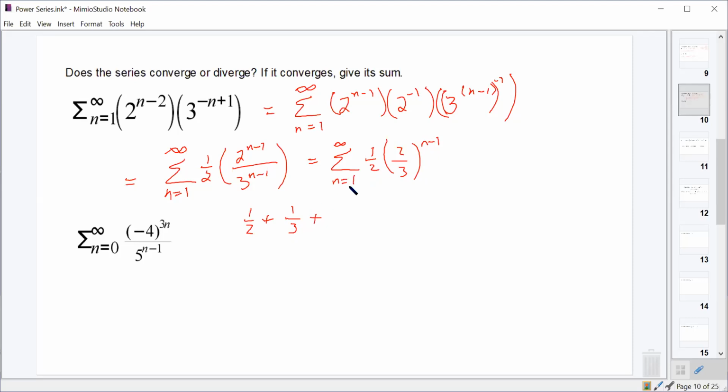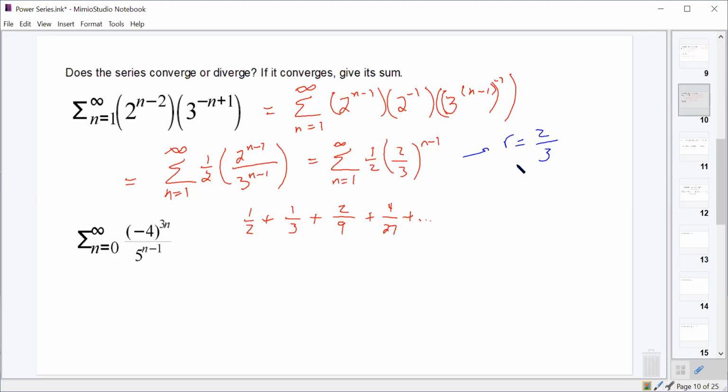Next term, if I plug in 3, it should be 2/3 squared times 1/2, right? So 4/9 times 1/2, or 2/9. And each successive term, we'll note, is just getting multiplied by 2/3 now. So the next term is 4/27, and so on. And the common ratio between these terms is what? 2/3.